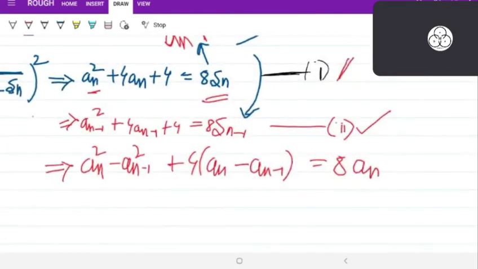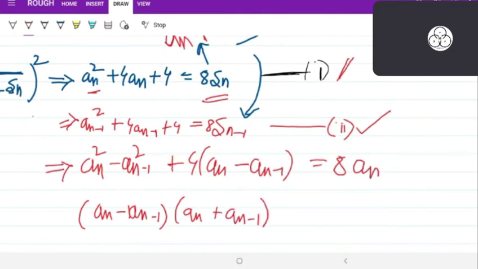From here, how do we approach further? A square minus b square formula. I think something will be cancelled here.